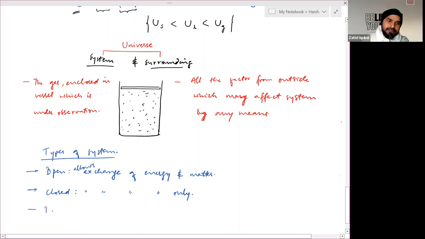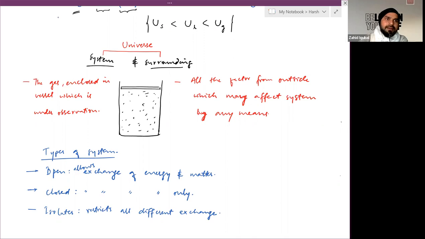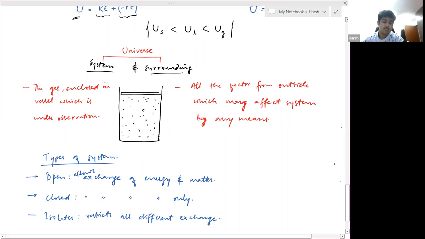And third is isolated system, which restricts all exchange. Any doubt? No, sir. Okay, just write it down.